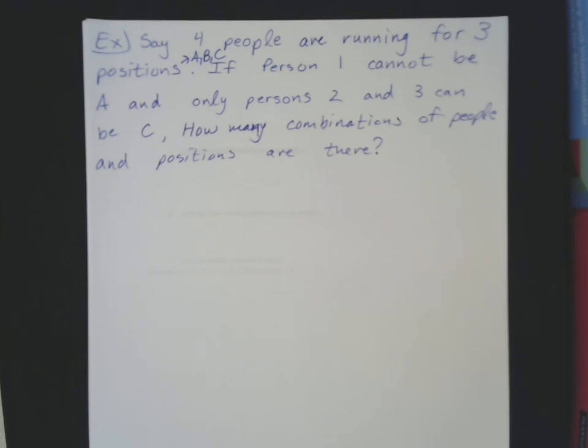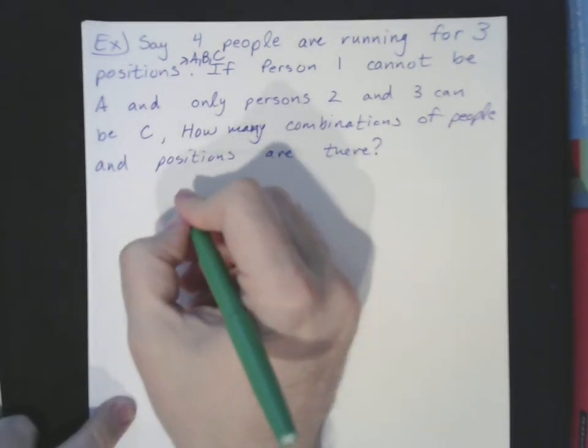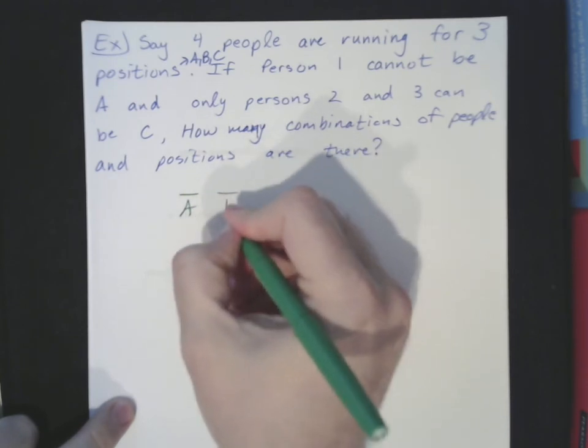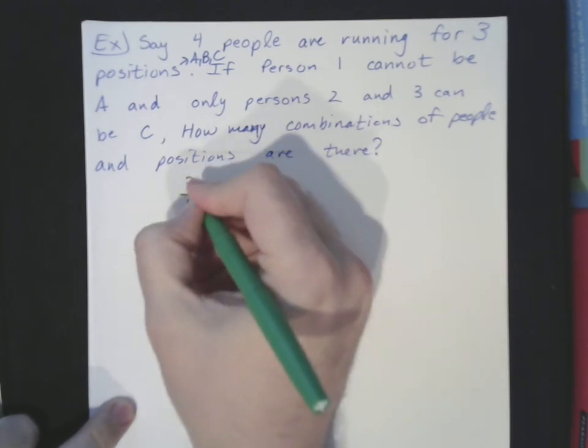So if you ask someone off the street this exact question, a lot of times they think, okay, job A can only be filled by person 2, 3, or 4 because person 1 cannot be job A. So that means for job A, I only have 3 options.